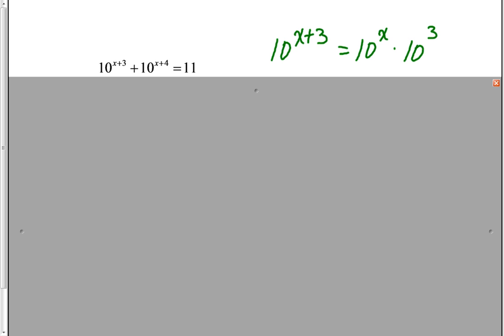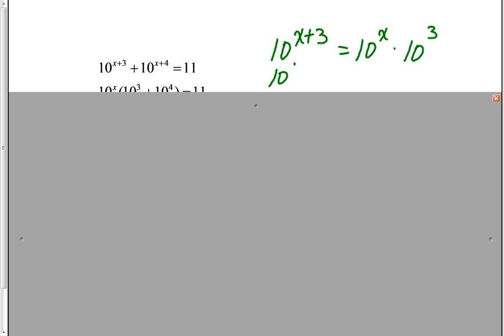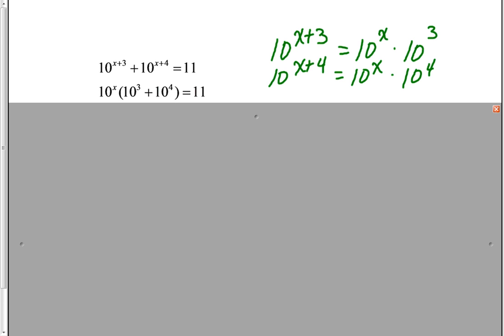That would be 10 to the x times 10 to the 4. So we have a common factor for those two expressions. 10 to the x times 10 to the 3 gives you the first one. 10 to the x times 10 to the 4 gives you the second one.